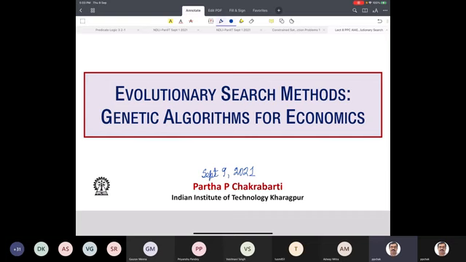Today we will discuss one approach to solve various kinds of constraint optimization problems in economics, one of the most widely used approaches. The reason is that economics problems are very complex, and being so complex, their optimal solutions are often impossible to get.